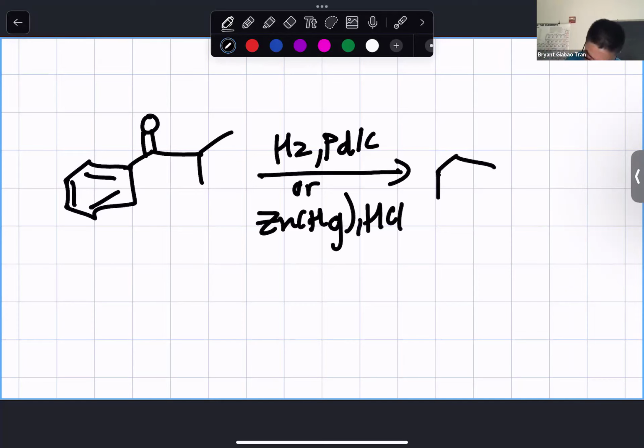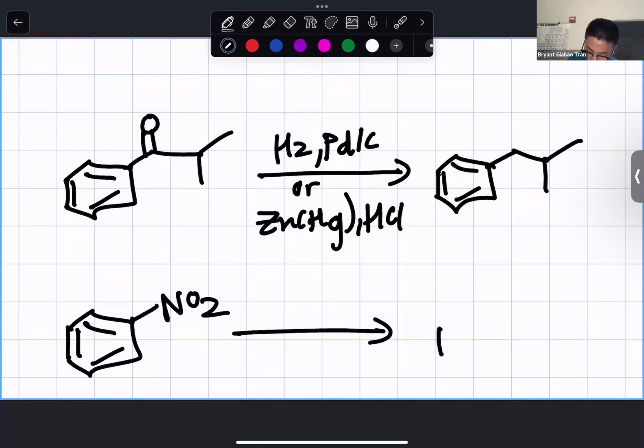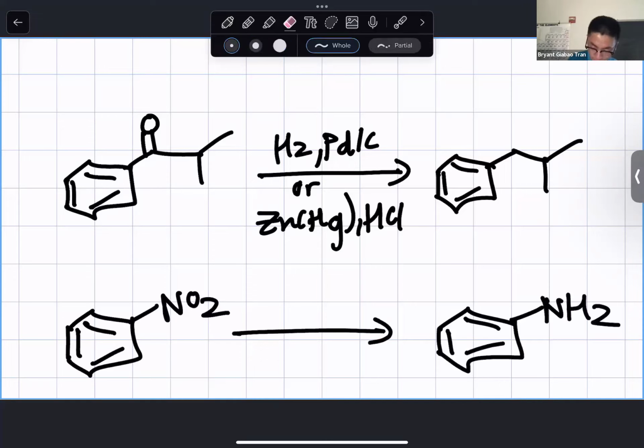That is going to completely cleave the carbonyl into the alkane like that. Those reagents can also reduce an NO2 all the way down to NH2. So when you have NO2, you can reduce that to NH2.